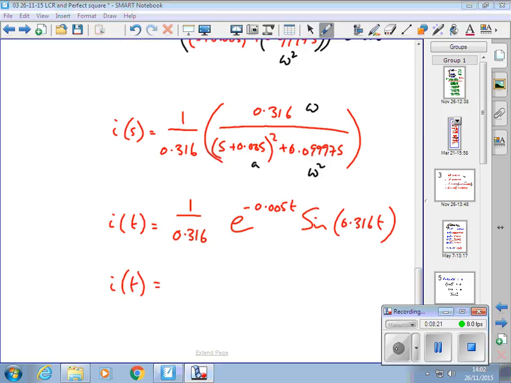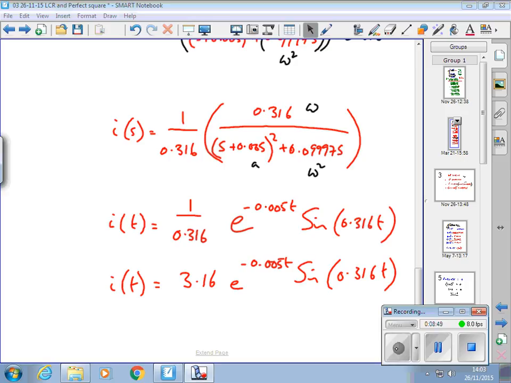IT, of course, if what is 1 over 0.316? What is it? Just checking. 3.16 e to the minus 0.005 t sine 0.316 t. If t equals 0, what's the current?